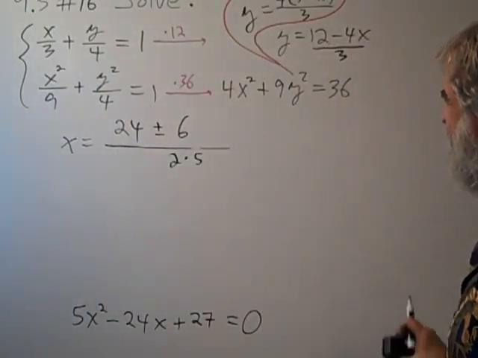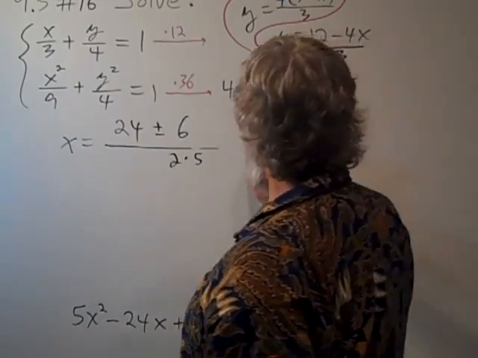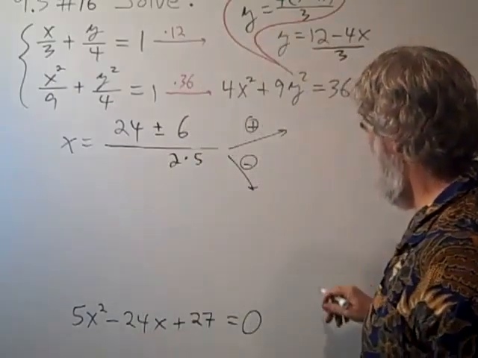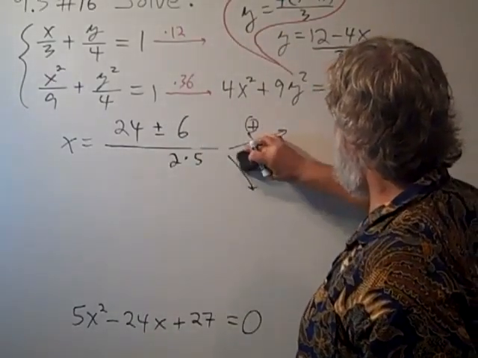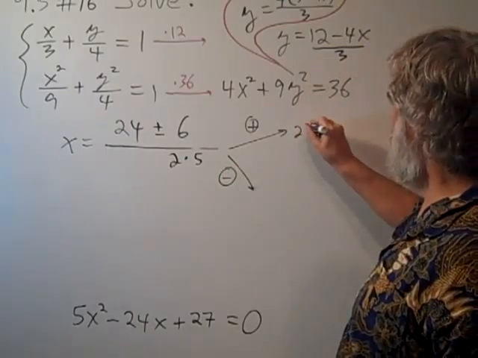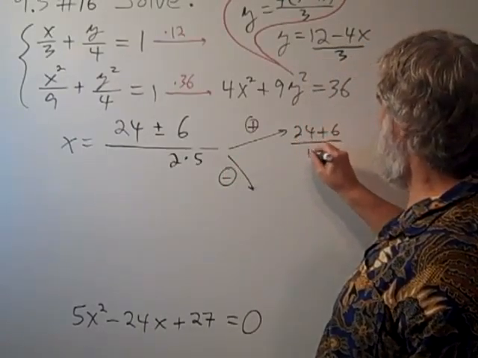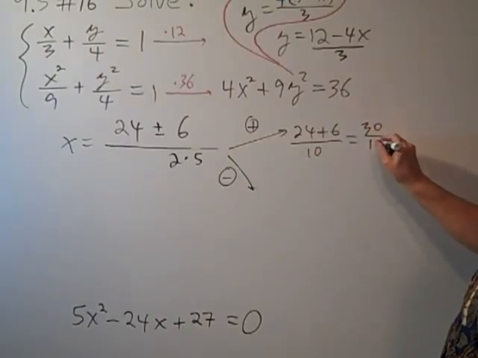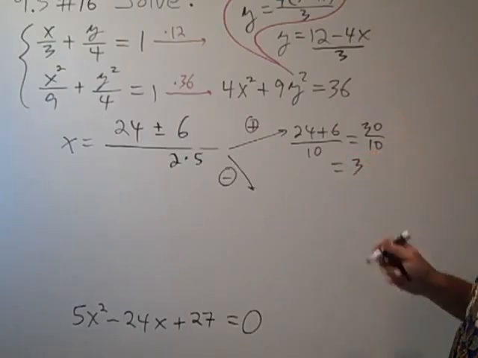Okay, so what is this? We've got for the plus one solution, and with a minus we get another solution. So picking the positive first, we get 24 plus 6 divided by 10, and that's equal to 30 divided by 10, which is equal to 3.